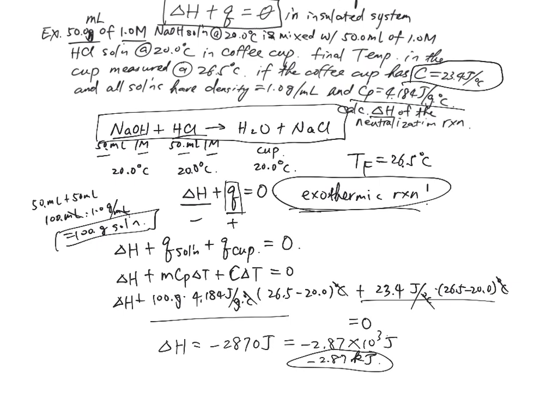This process of using an object's heat and the insulated system to find out the delta H involved in a chemical reaction is called calorimetry.